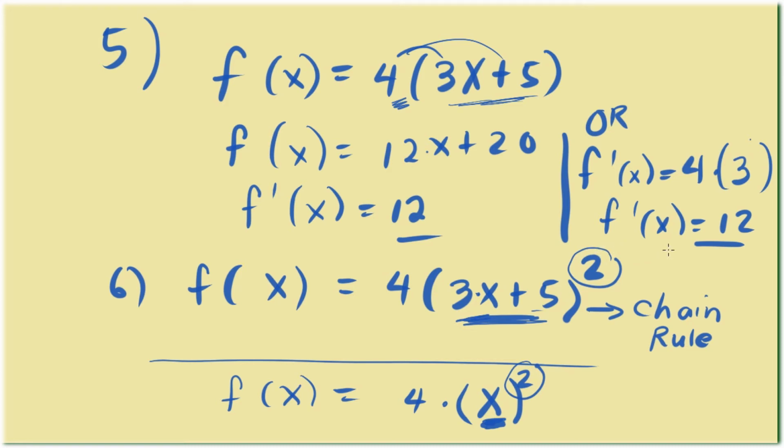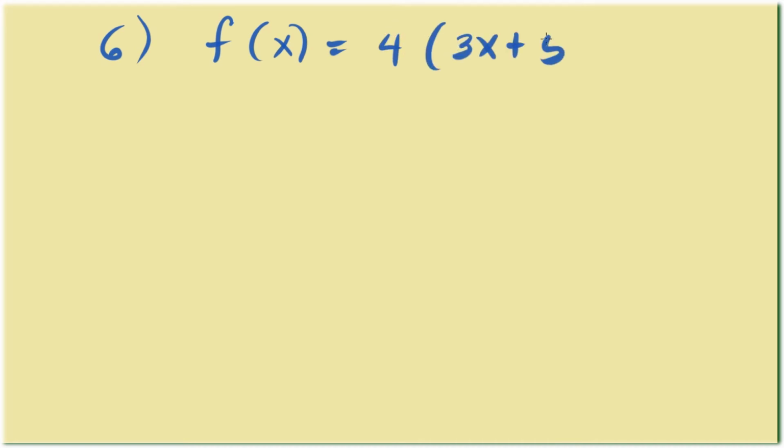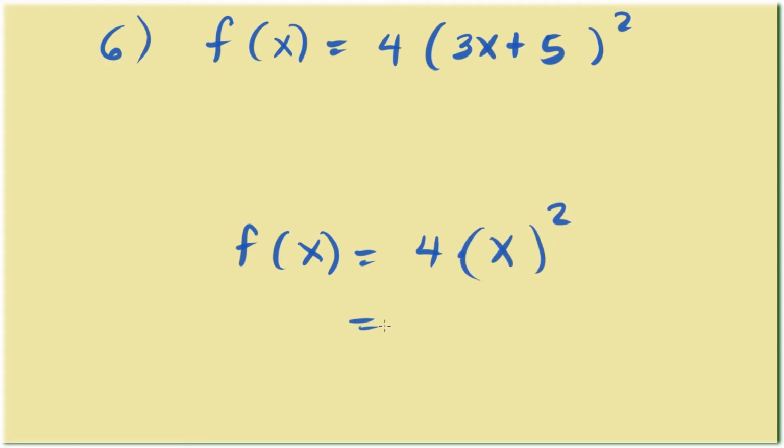Okay, let me clear this and start from a cleaner space here. So 4 quantity 3x plus 5 squared. One more time, if this were like 4 and then plain x squared, all I do is use a power rule, okay?